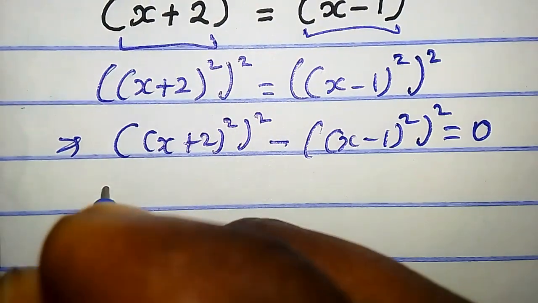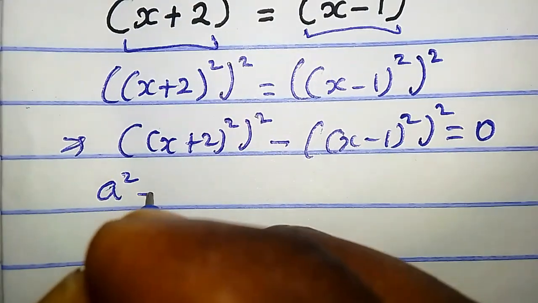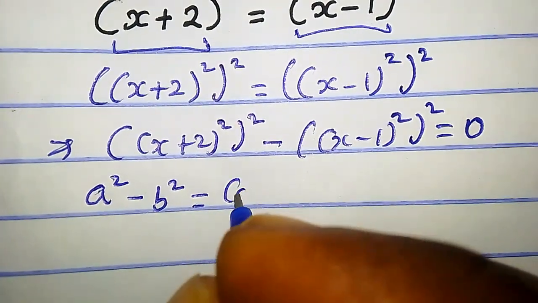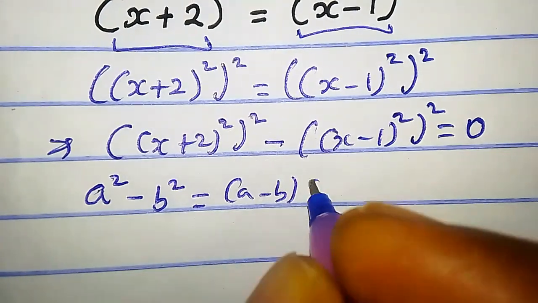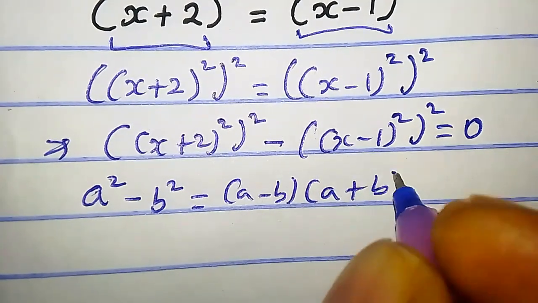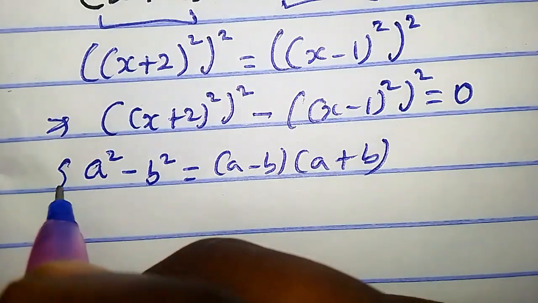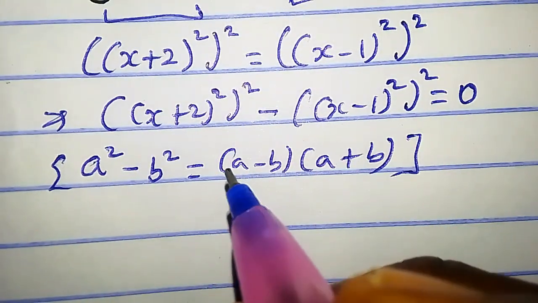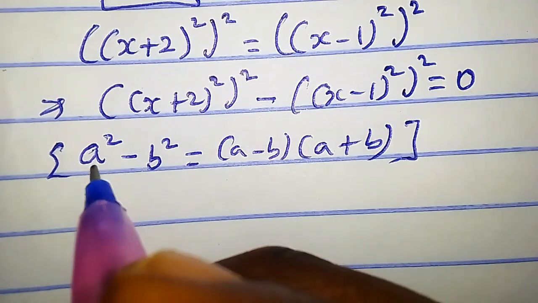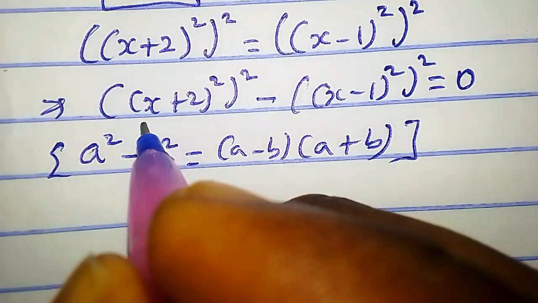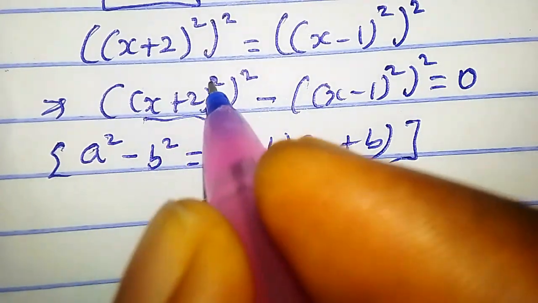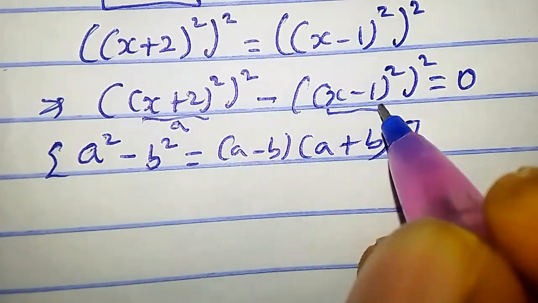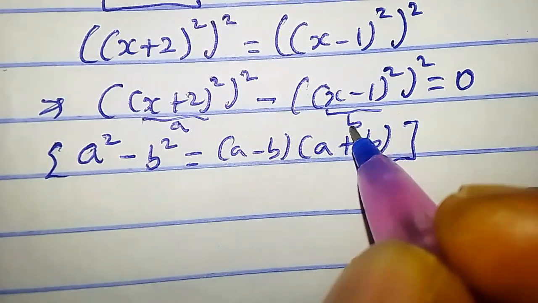Recall that a squared minus b squared is equal to (a - b) times (a + b). Now, using this identity on this, you will notice that our a is (x + 2)^2, while b is (x - 1)^2.